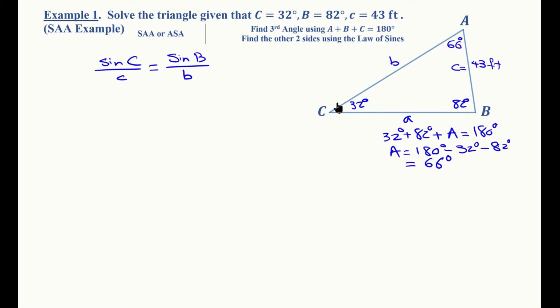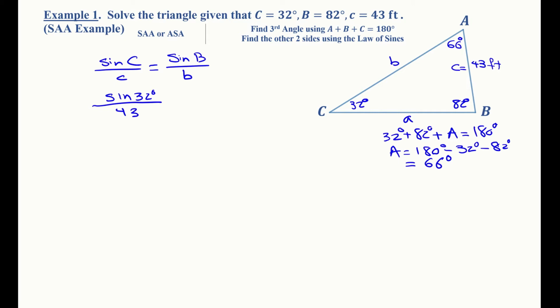So sine of C will be sine of 32 degrees divided by C, which is 43.